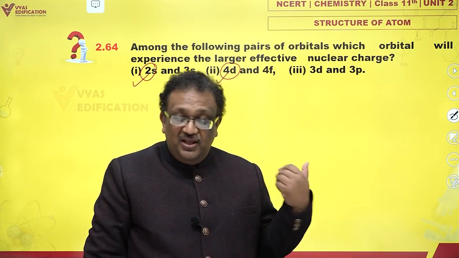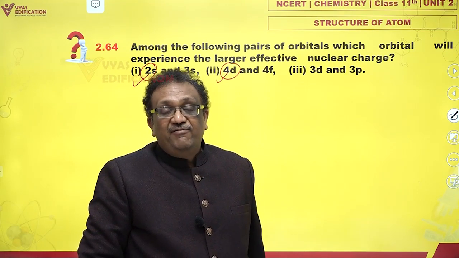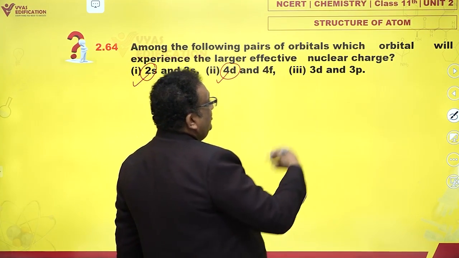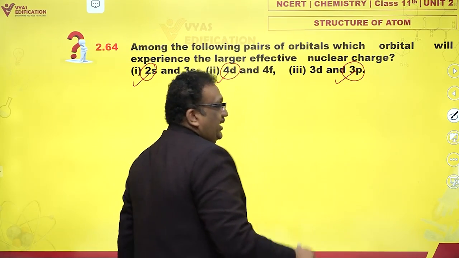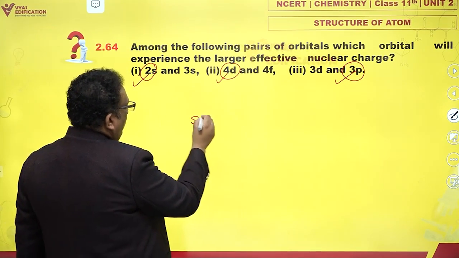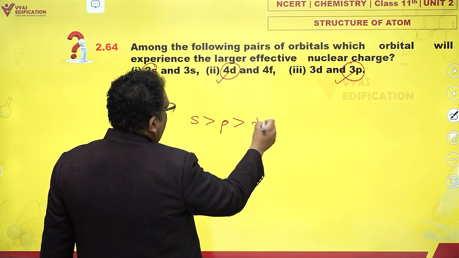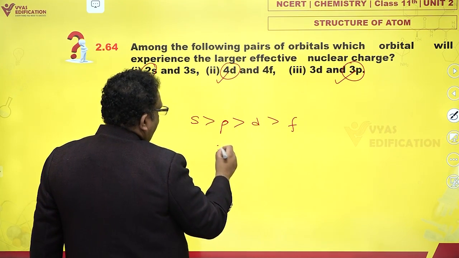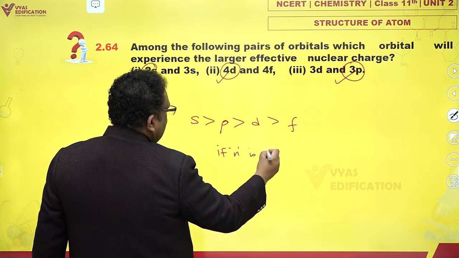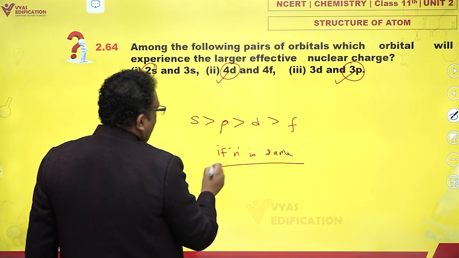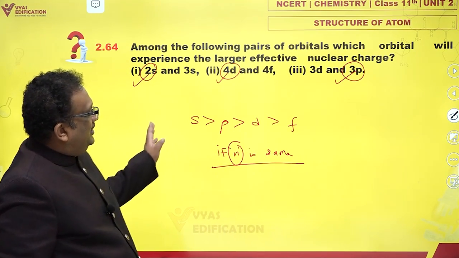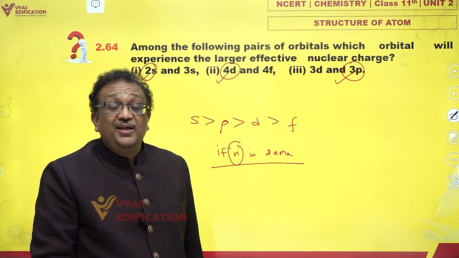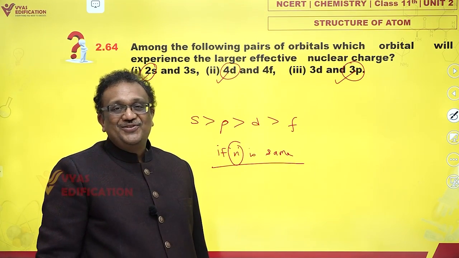So yes, they experience greater effective nuclear charge. 3d and 3p, s experiences it more strongly than p, p than d, d than f. If n is the same principal quantum number, this is the order of experiencing effective nuclear charge.